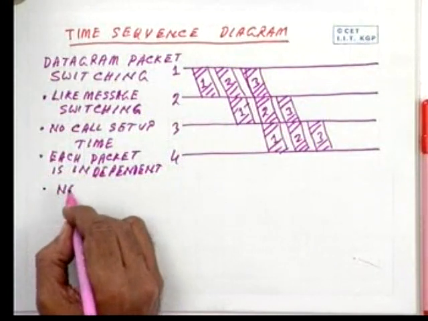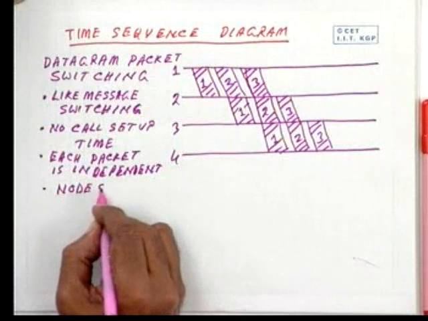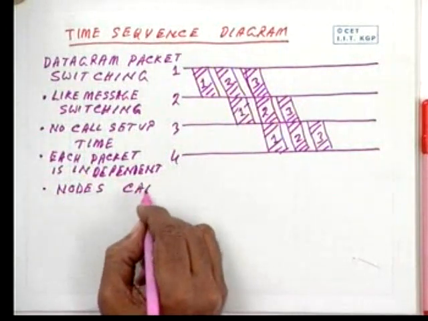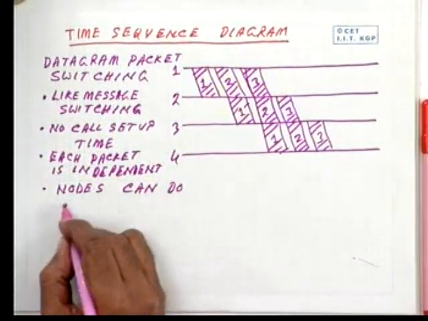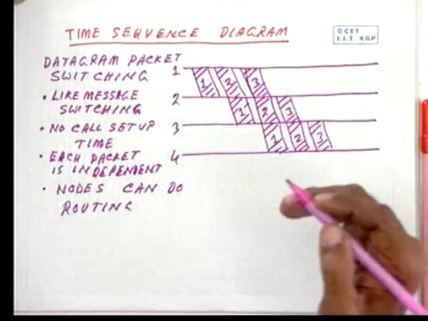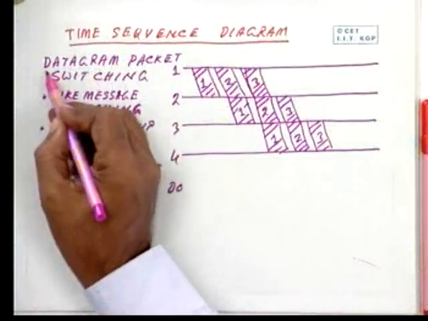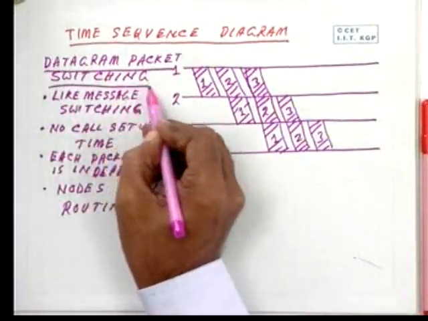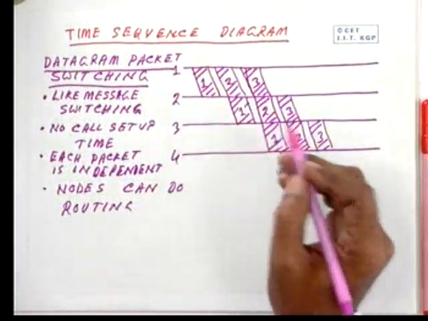self-descriptive, so the nodes are able to do routing. Nodes are provided with the capability of routing. It is essential in the datagram packet switching technique, for the nodes which are doing datagram packet switching.